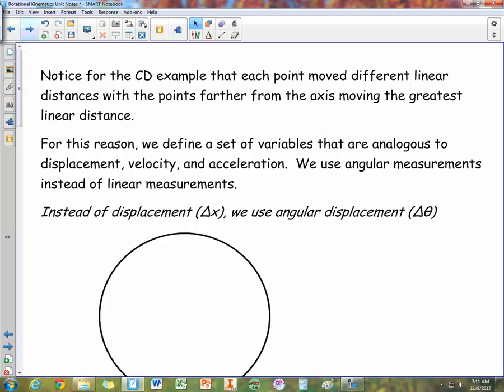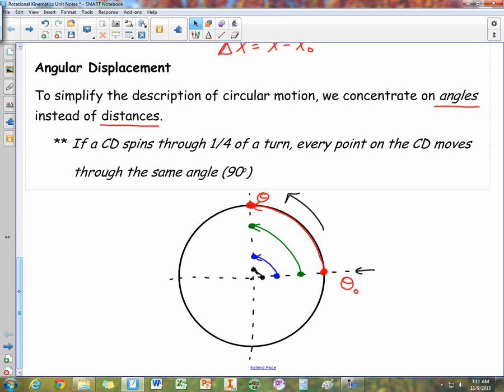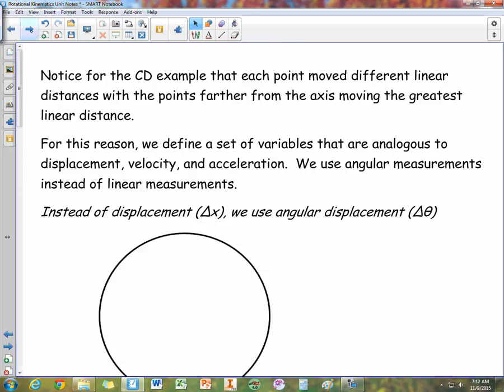So again, on the CD example that I showed you before, each point moved a different linear distance. So let's go back here and take a look at this. Notice that the red line travels a farther distance than, let's say, the blue line. They all move through the same angle, but their linear distances are different, with points farther from the axis moving the greatest linear distance.